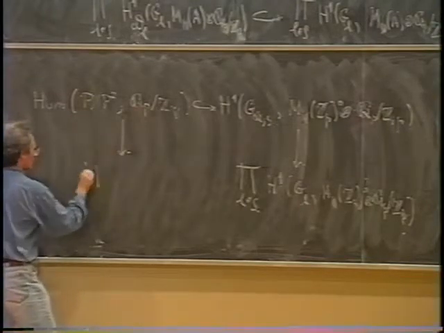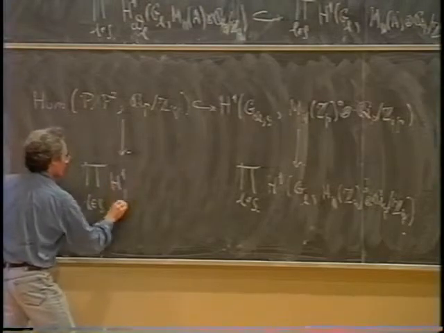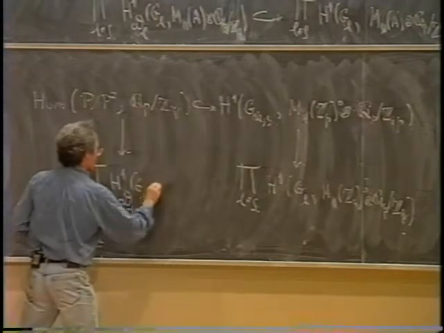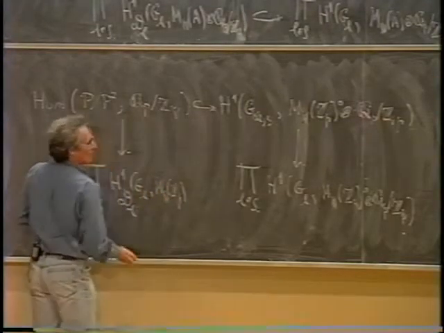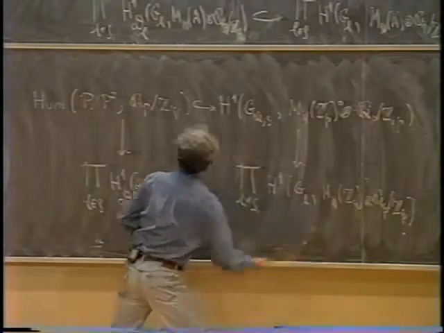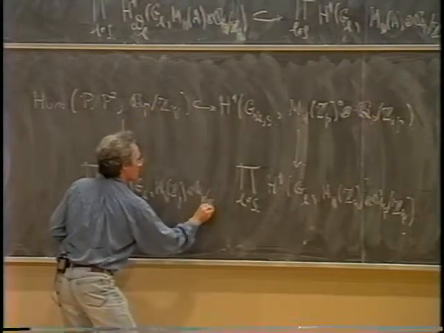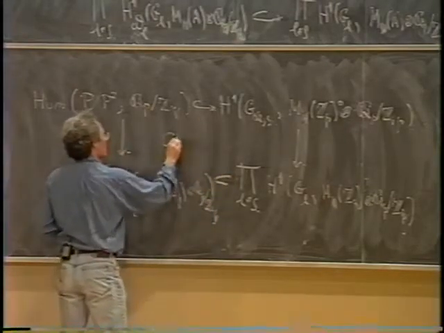Goes to the product for L in S of H^1_{D_L} of G_L, M_n of Z_p tensor Q_p/Z_p. That this is Cartesian.